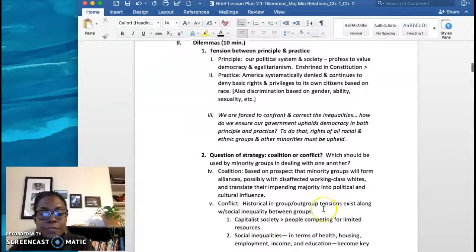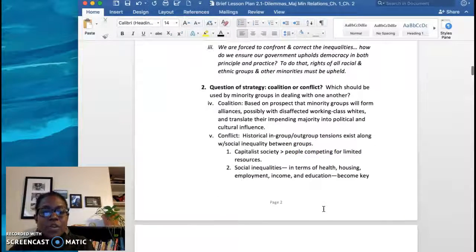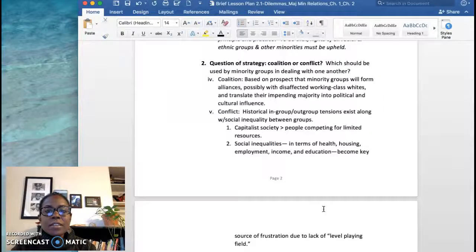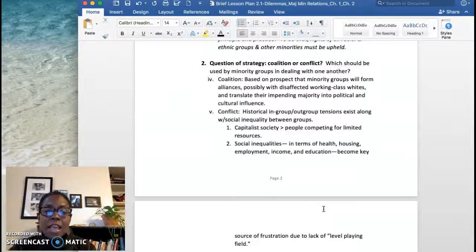Then the second dilemma is a question of strategy. The first one deals with the difference between what we hear as value and what we see in practice. The second is more thinking about, okay, well, what do we do now? And they specifically focus on minority groups. The question is, what strategy should be used by minority groups in dealing with one another?